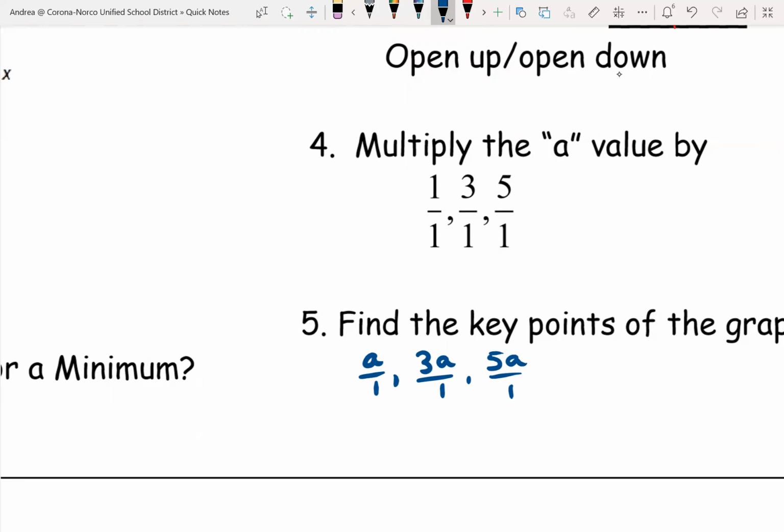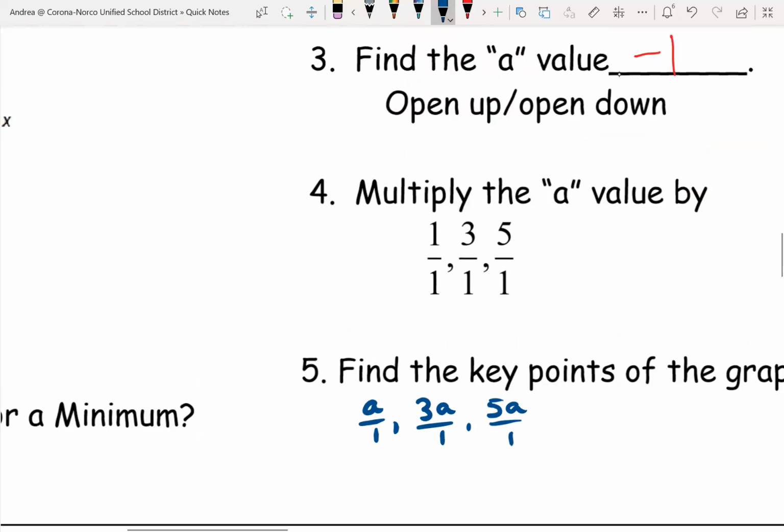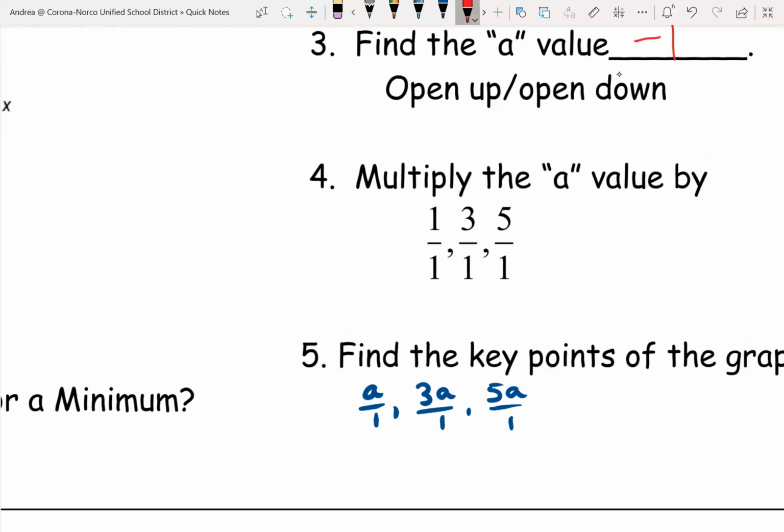We've already told you that our A is -1. So we're going to plug in -1 here. Then we're going to do 3 times A, then we're going to do 5 times A over 1.